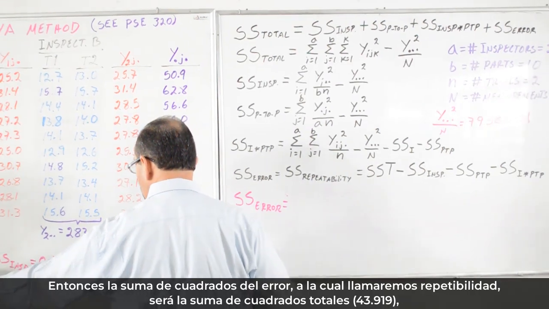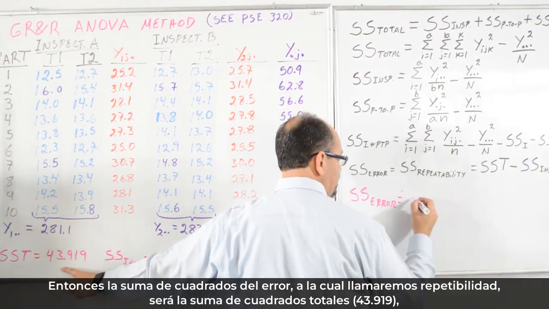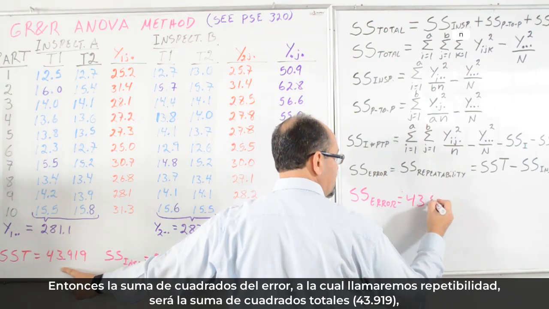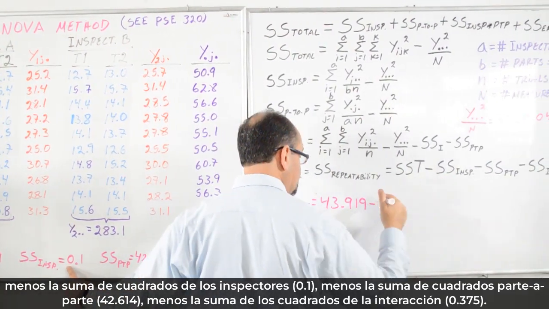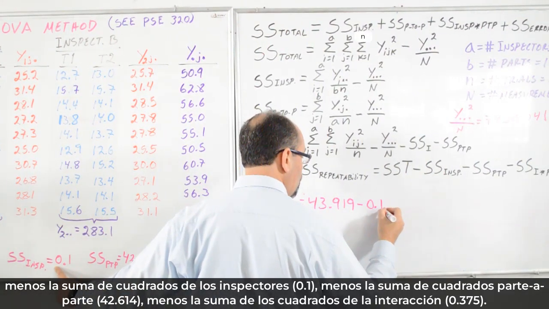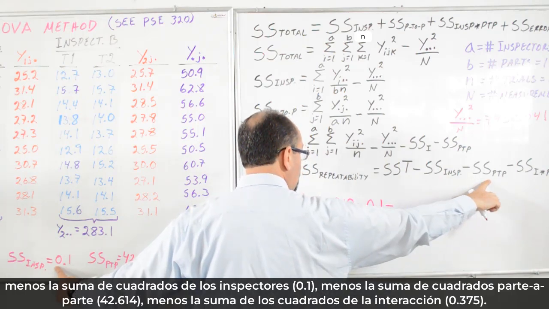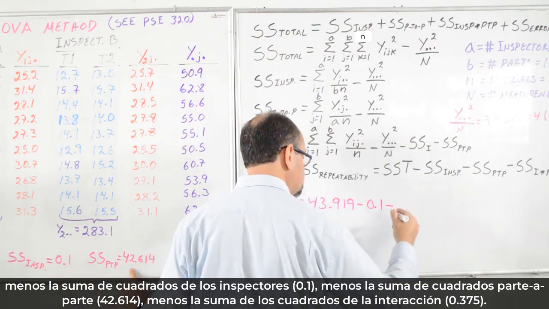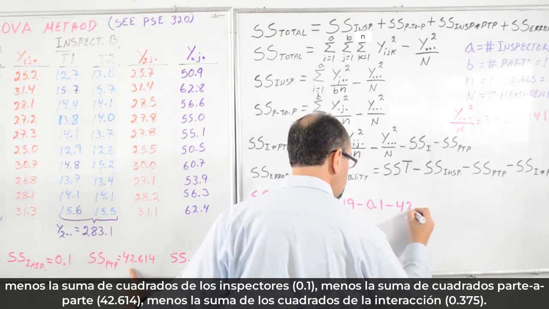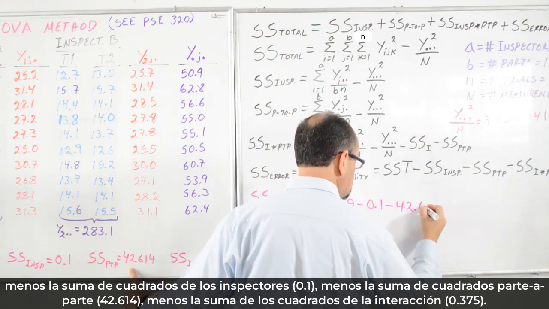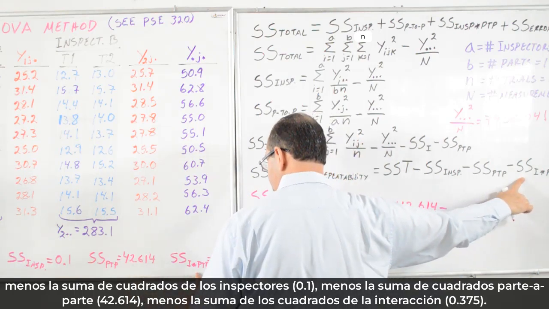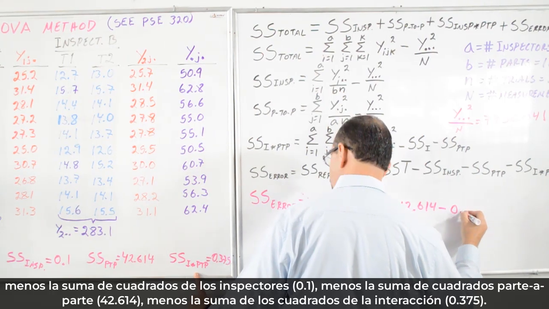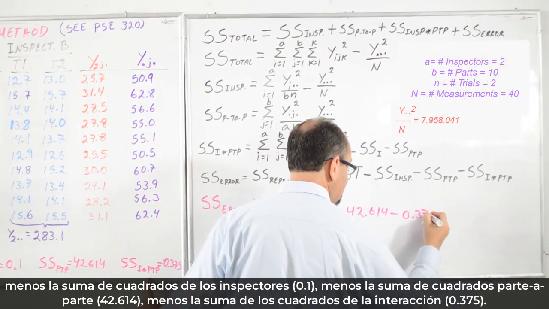The sum of squares total was 43.919 minus the sum of squares of the inspector, and the sum of squares of the inspector is 0.1 minus the sum of squares part to part, which is 42.614 minus sum of squares of the interaction, and that will be 0.375.